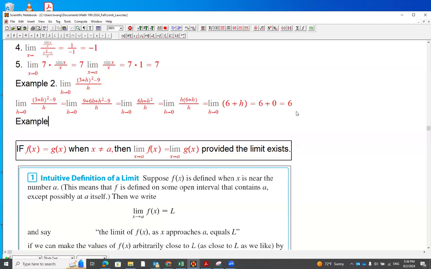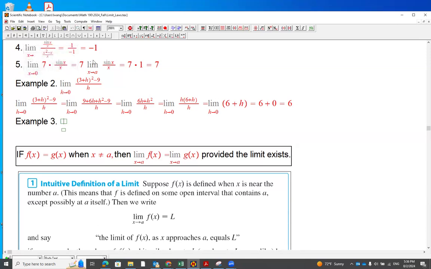Okay, let's look at another example, example number 3. In this example, we're going to look at a limit. This limit is t approaching 0.